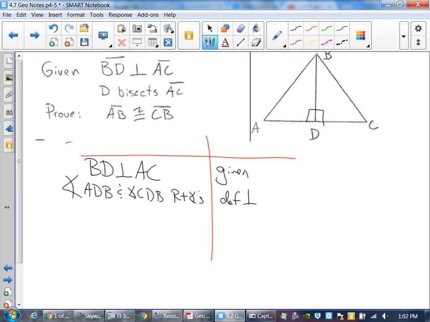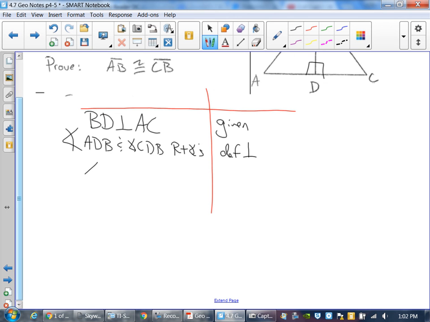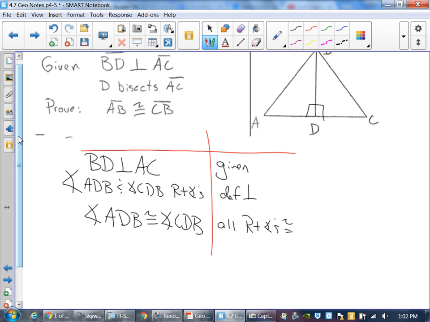After that, I say that they're congruent because all right angles are congruent. Right off the progression sheet, you did not have to think about anything.